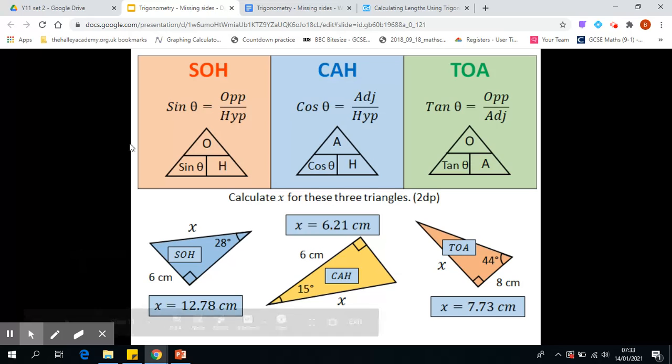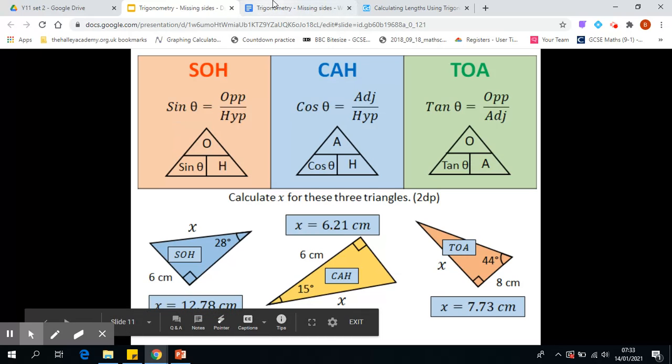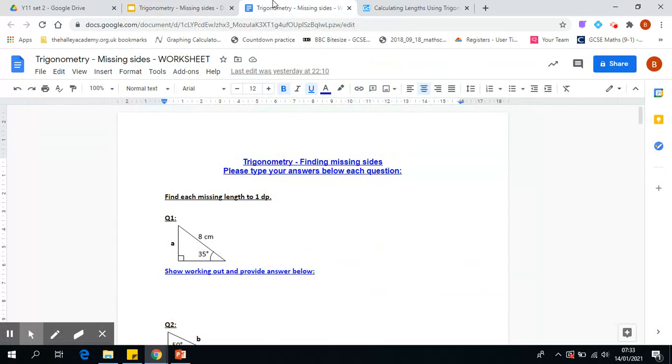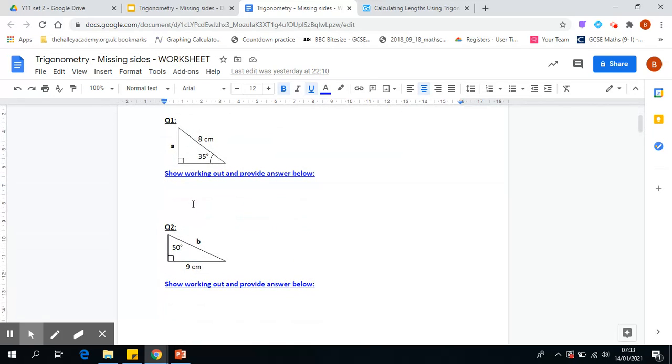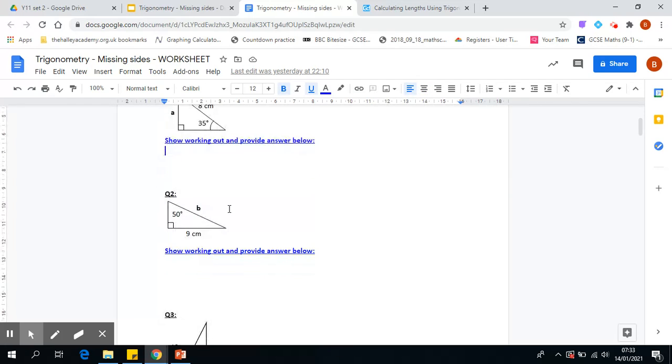Once completed, it is important you open the attached worksheet which says Trigonometry Missing Side worksheet. The questions are given below. Ensure you type in the answer by typing the working out and provide the answer to 3 significant figures or to 2 decimal places.